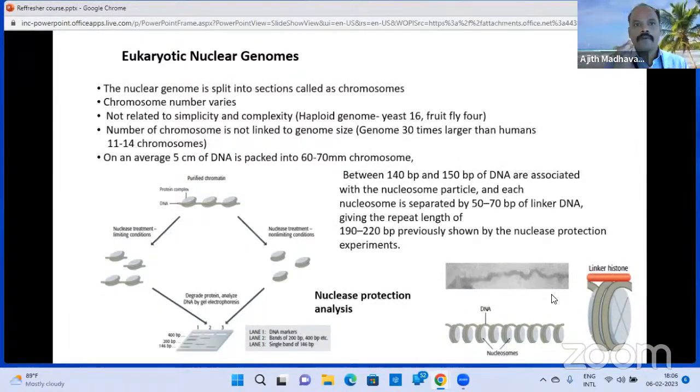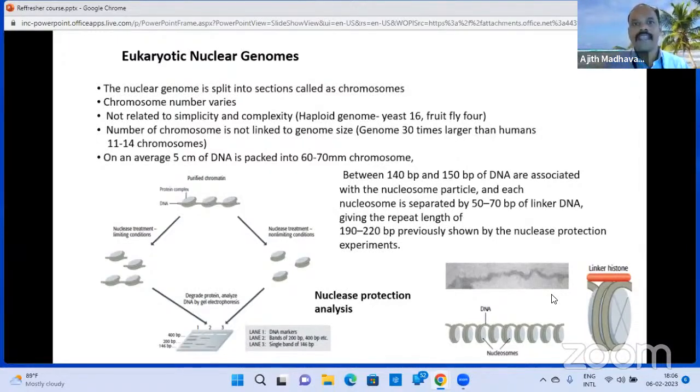you have a single stretch of DNA molecule. Each chromosome, I told you, is made up of roughly around 5 centimeters of the DNA molecule. They are condensed in an orderly fashion into a 60 to 70 millimeter chromosome. How is it done? It is done at different levels.